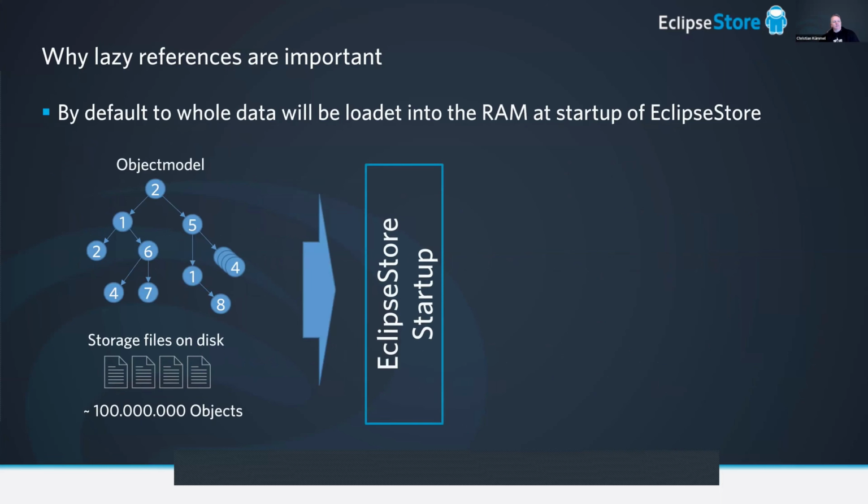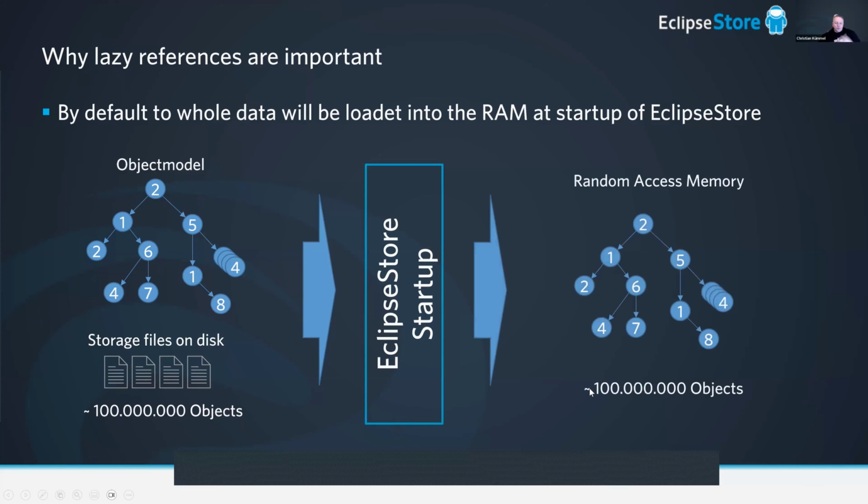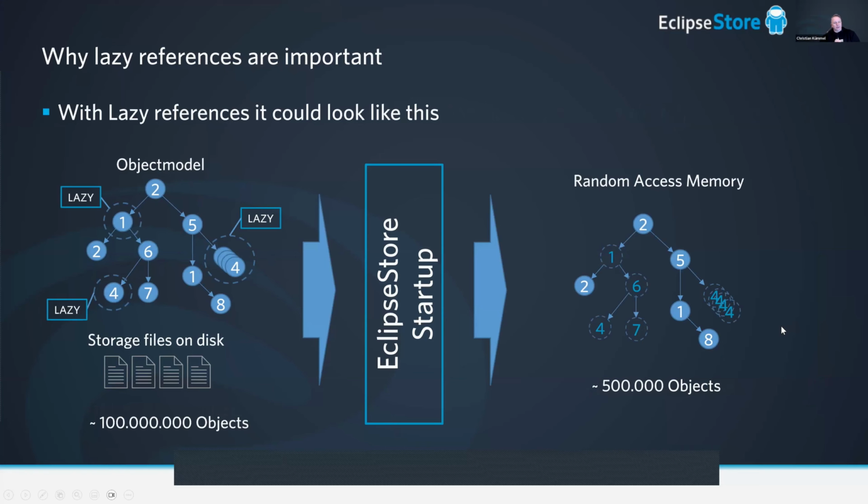The default behavior is what we see here. When we have an object model that looks like this, and let's say 100 million objects, then you will have 100 million objects within the RAM. If you provide enough RAM and it makes sense to you to have these objects like this, then you're good to go. But this is mostly not what we need. When we use lazy references at specific points in the data model, you can say, okay, let's put a lazy point here and here and here.